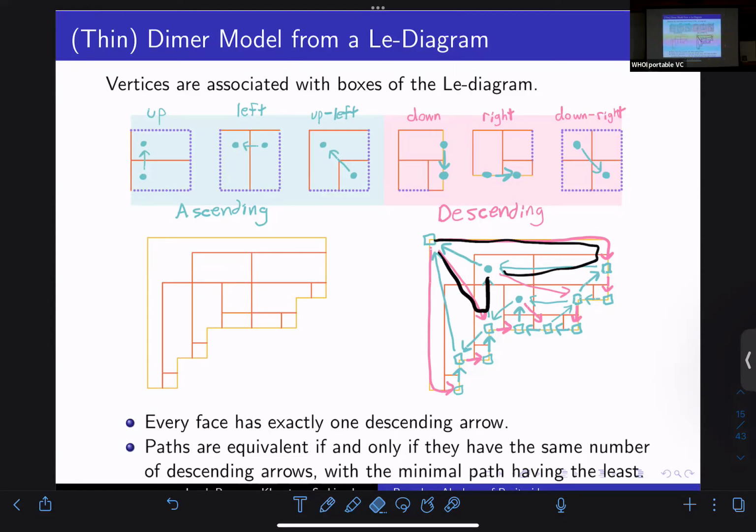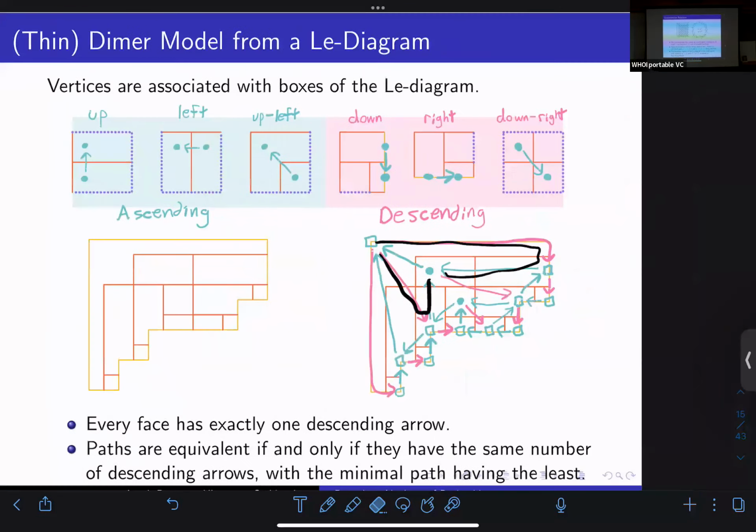So this means that we can understand our path equivalence classes just by looking at descending arrows. Two paths are going to have the same number of descending arrows if and only if they are equivalent to each other. And the minimal path is the one with the least number of descending arrows. So we're going to use this to understand equivalence classes.